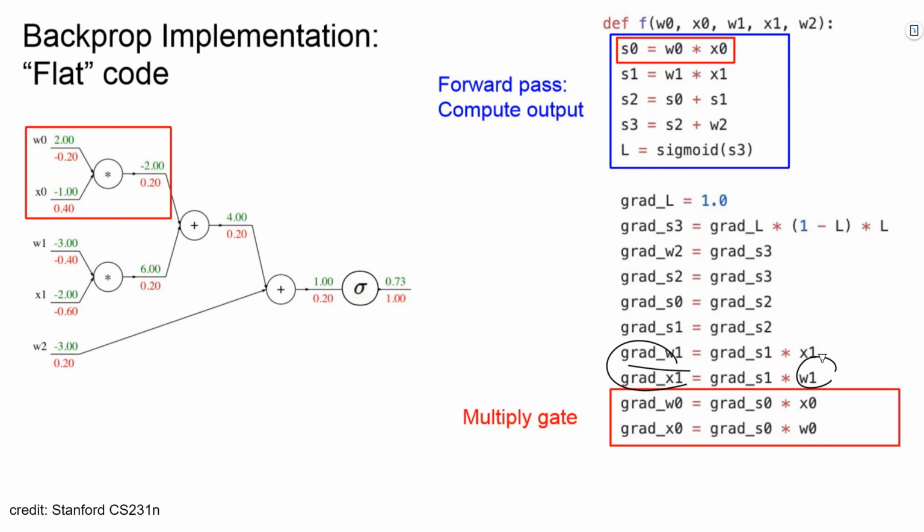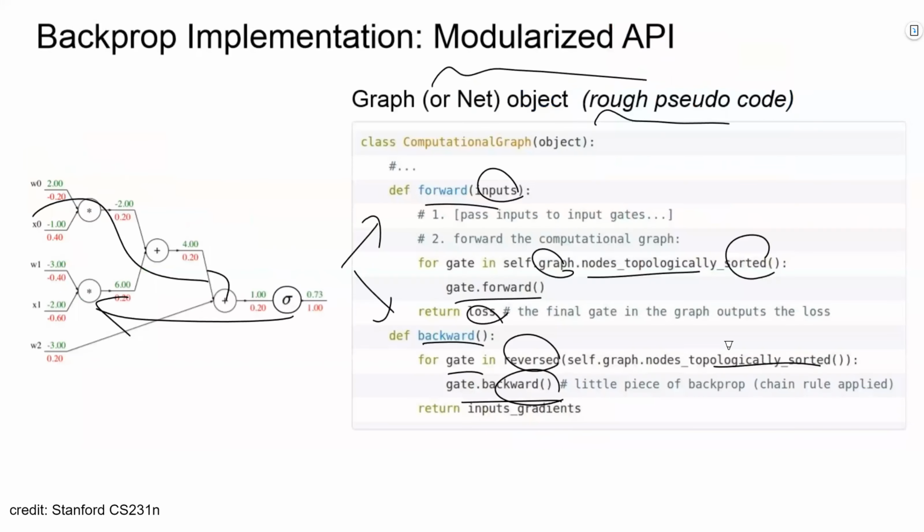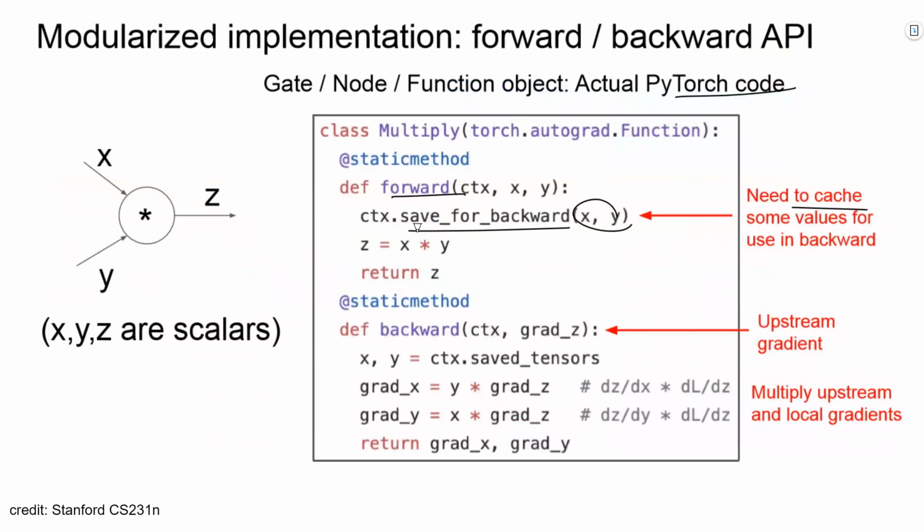And for w1, x1. And we need to save these values for the backward pass. So that's what this is doing. Save some numbers for backward. And backward receives the stored values and calculates gradients using the upstream and local gradients. Here we always receive the upstream gradient.